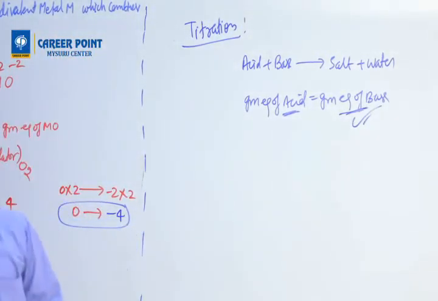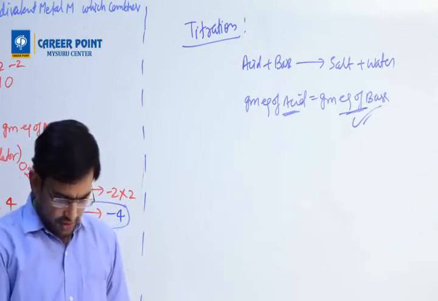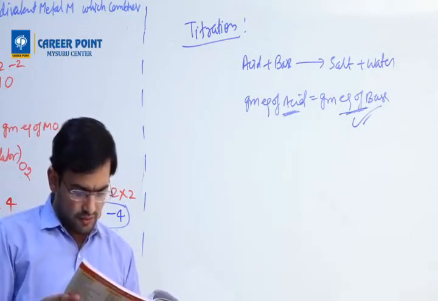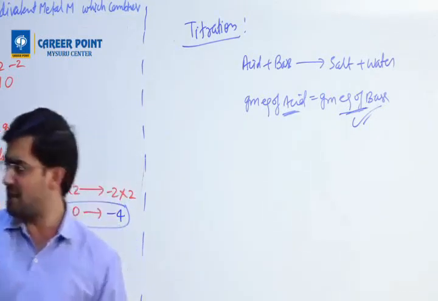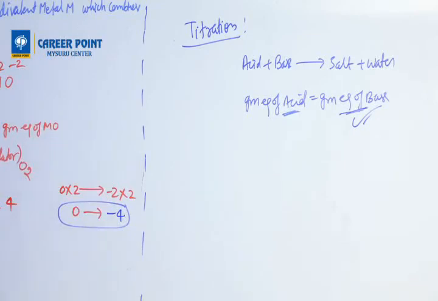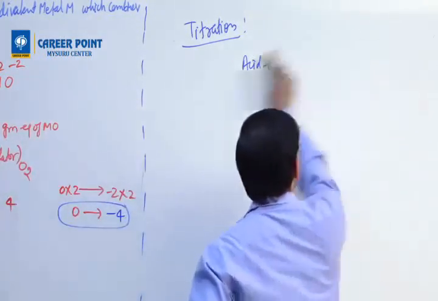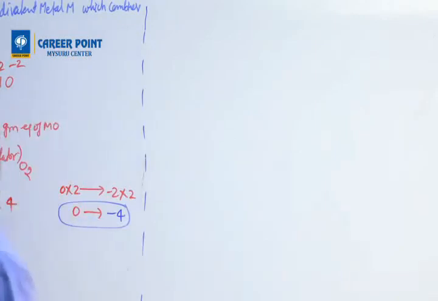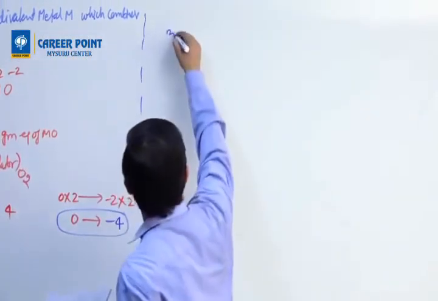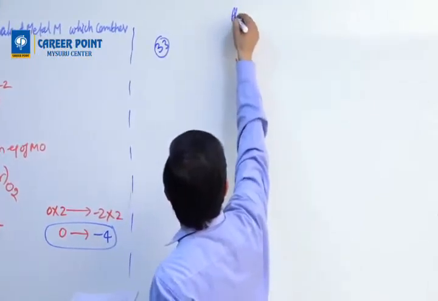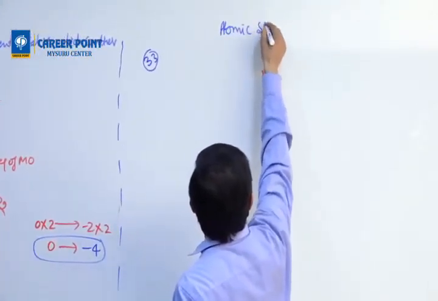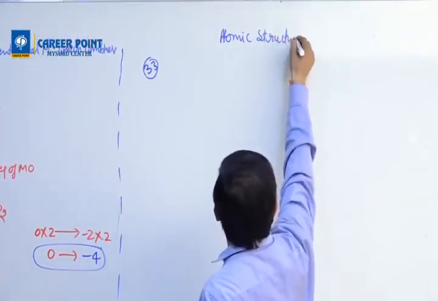Okay, question number 33. Maximum number of unpaired electrons are present in. We can find out. First we'll solve question number 33. Chapter is atomic structure.